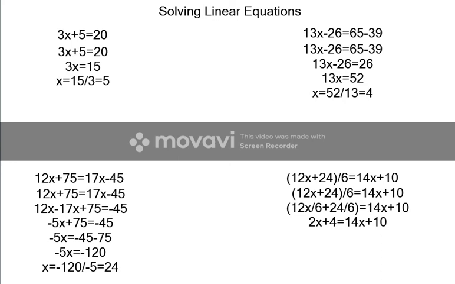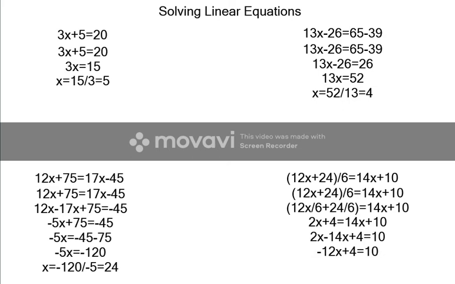Alright, so now let's move the variables to one side and the constants to the other. So 2x minus 14x plus 4 equals 10. Now let's simplify this even further. 2x minus 14x is the same thing as negative 12x plus 4 equals 10.